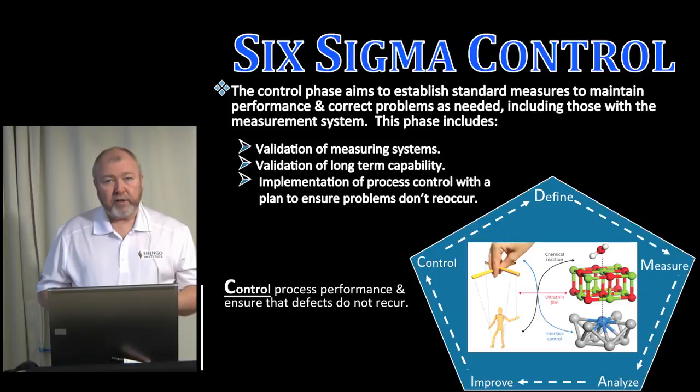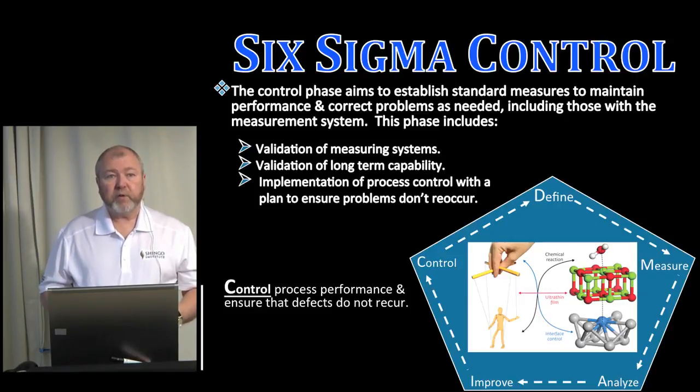So now in this stage, in the control phase of DMAIC, we're concerned with validating the measuring systems for those control variables, for those X's, those things that we internally control, that ultimately lead to improved outcomes for our customers. We need to validate the long-term capability of our new and improved process, system, or product. Okay.